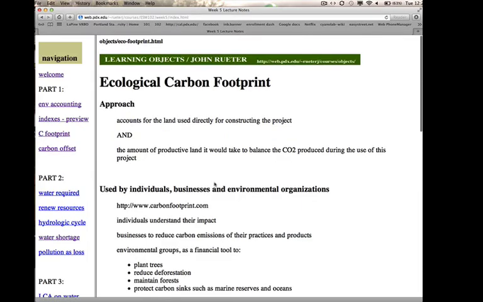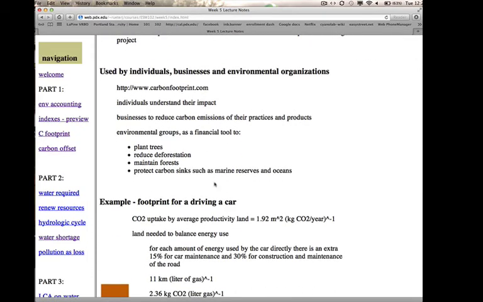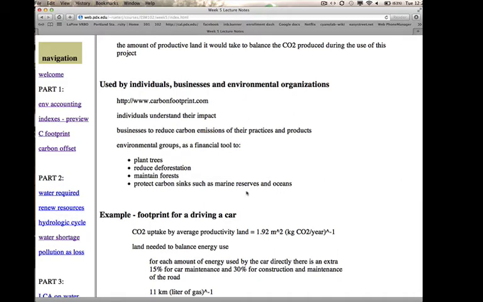Okay, now just back to the CO2 emissions for a second. One of the things it takes in order to understand these carbon footprints is a database of how much energy each process uses, or what its carbon footprint is. That's where businesses such as carbonfootprint.com come in.